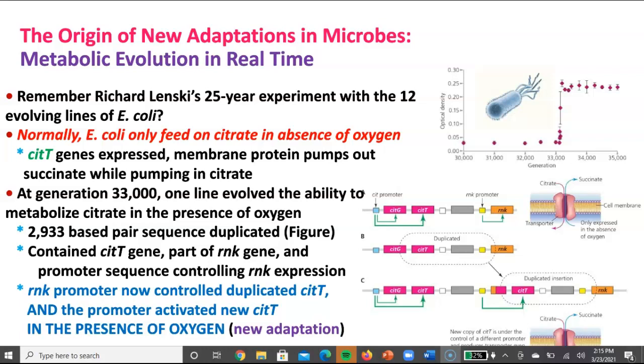So it gave those bacteria an edge, a selective edge against the wild type bacteria that weren't able to metabolize citrate in the absence of oxygen. And so it opened the door for the promotion and the evolution of this new line of bacteria due to this gene duplication. The origin of a new adaptation in real time.